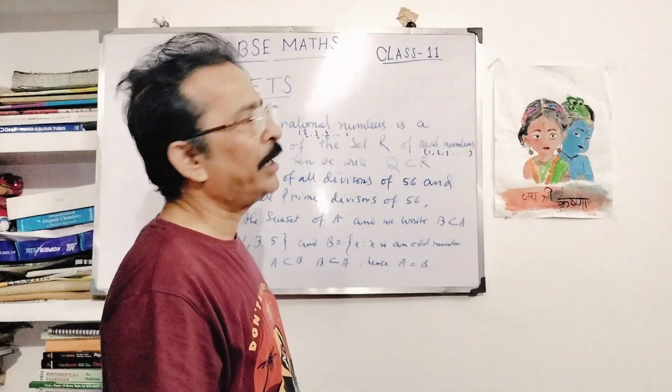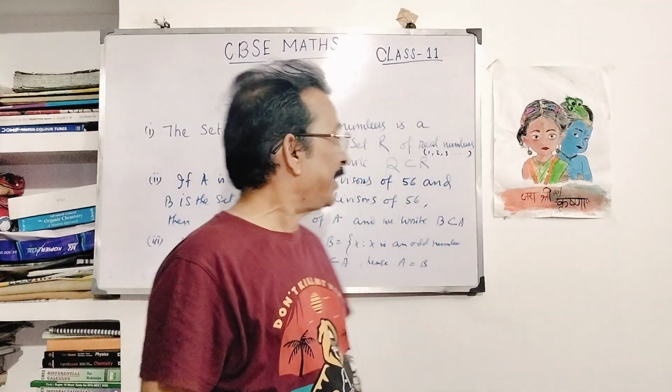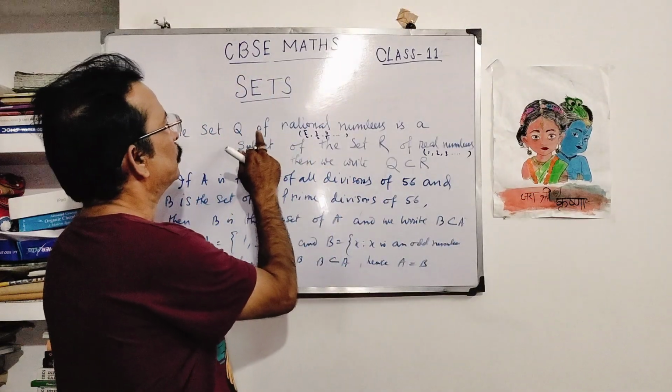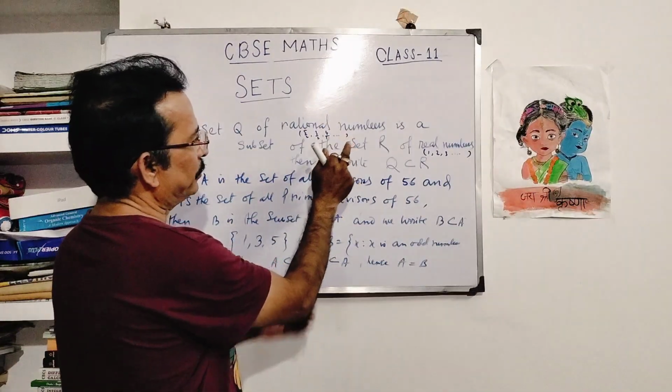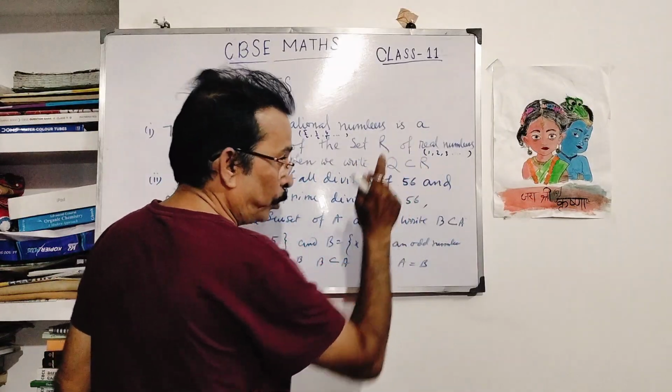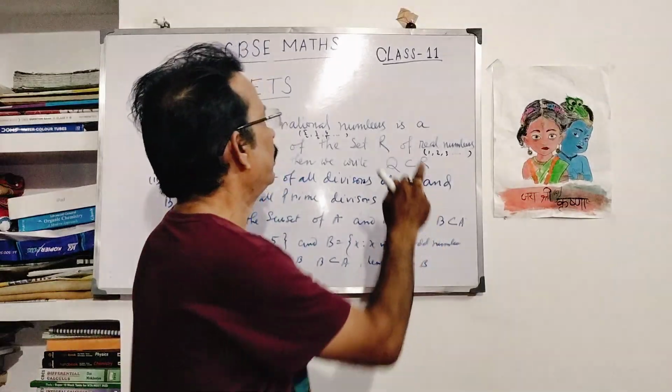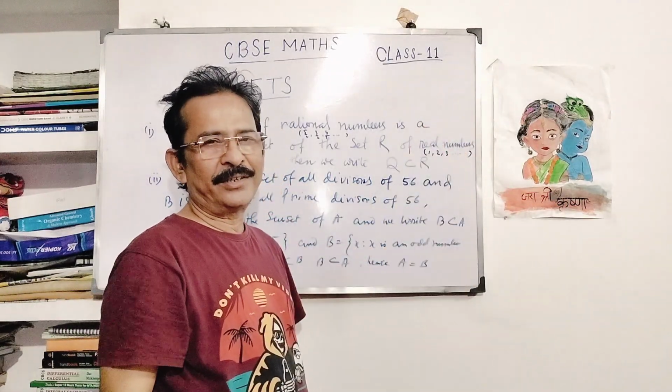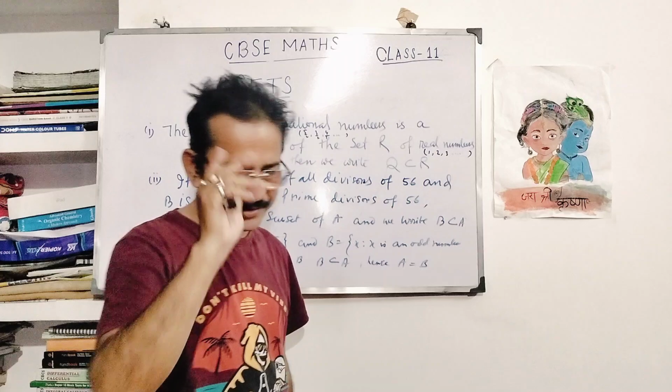That is why we say that Q, the set of rational numbers, is also a subset of R, the set of real numbers. Clear? Next.